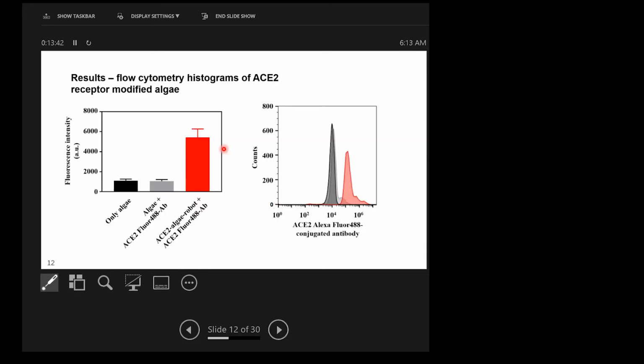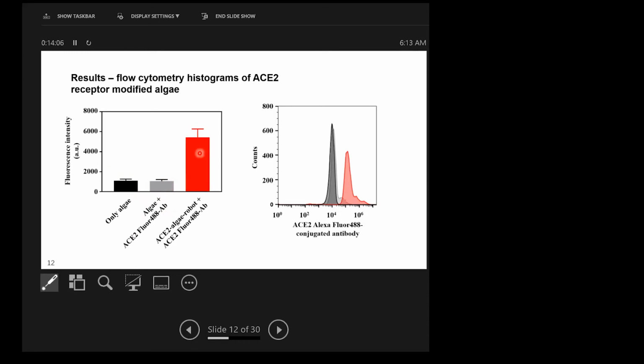In addition, the fluorescent intensity data and the flow cytometry histograms also confirm the ACE2 receptor binding. From the chart, we can see the unmodified algae incubated with this fluorophore-labeled antibody show a negligible change of the GFP fluorescence compared to the bare algae.